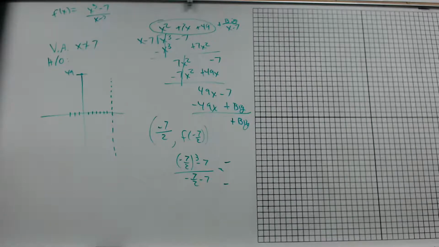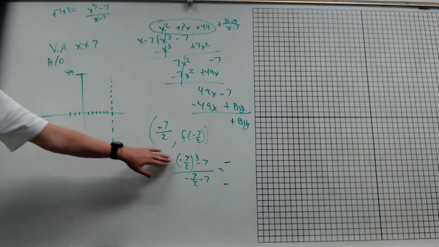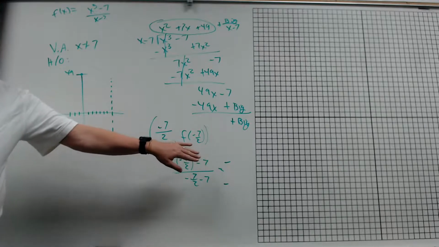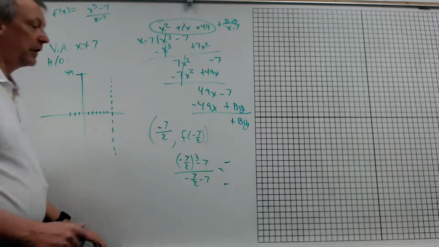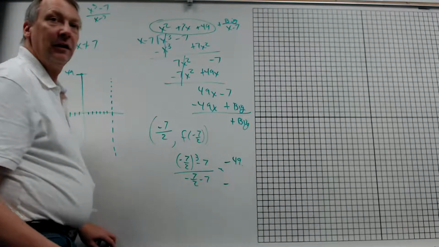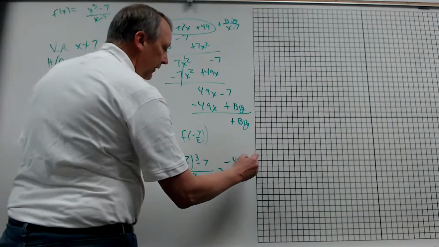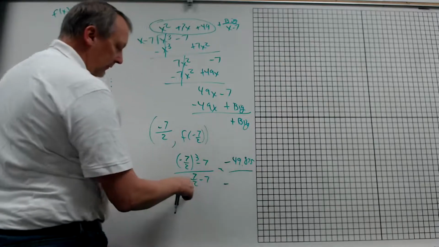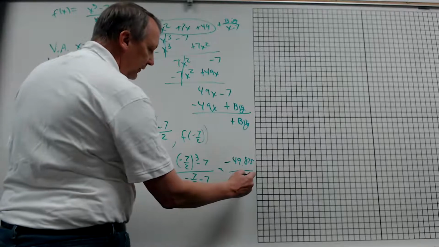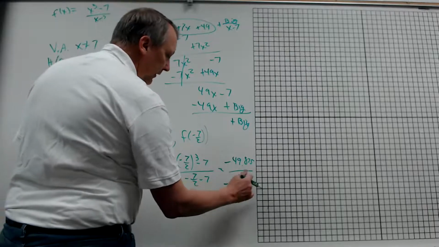That's what you get for making me make up a problem. Negative 3.5 cubed is negative 42.875. Did you subtract 7? Oh, not yet. And then subtract 7, so that's negative 49.875. Divided by negative 3.5 minus 7, which is negative 10.5.